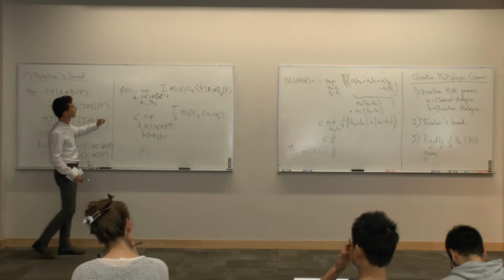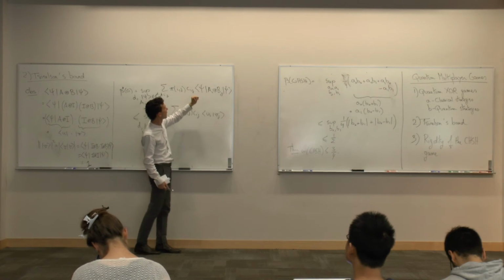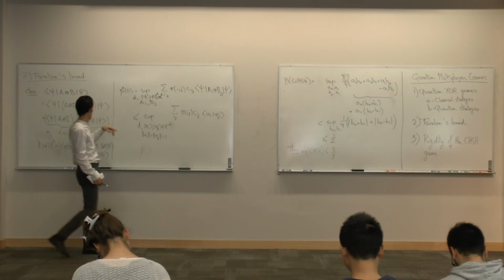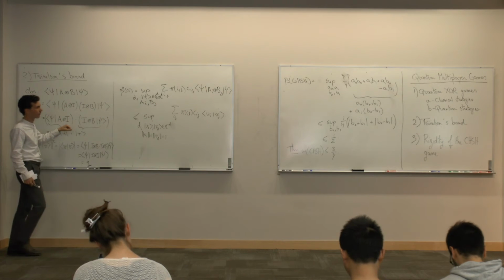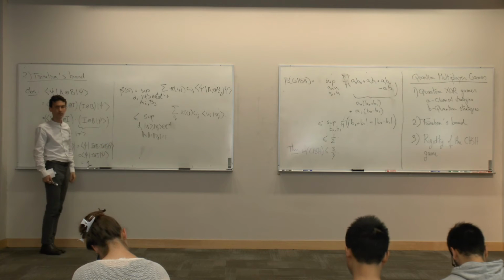The way I got there is I said, well, whatever psi and A_i and B_j are, I can define my u's and my v's in the same way that I defined on the board here, and then I just get this expression.